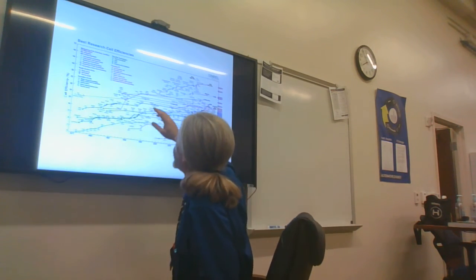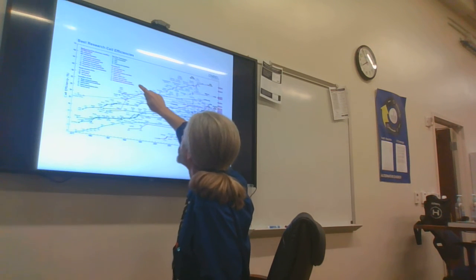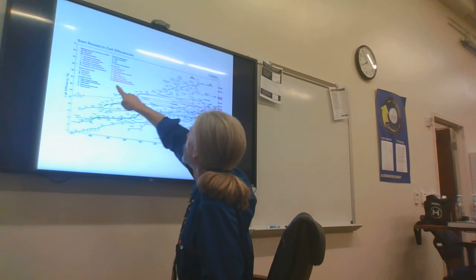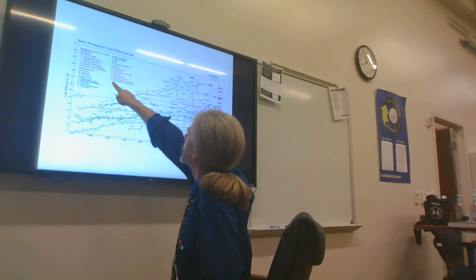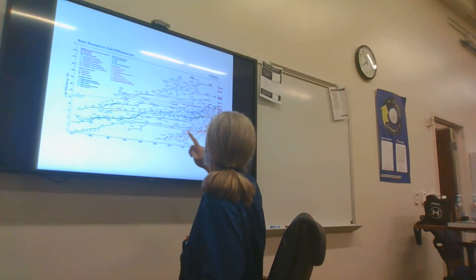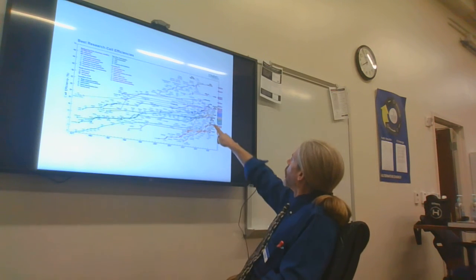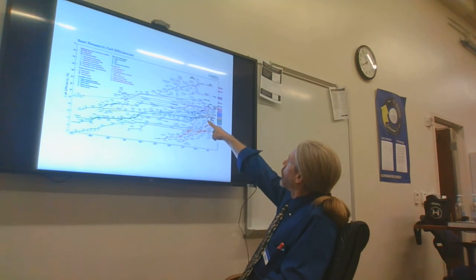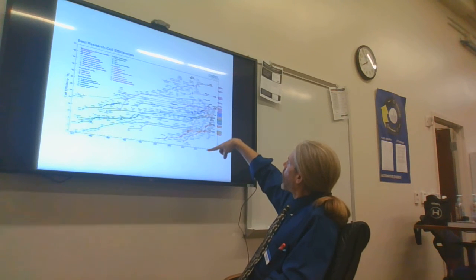Let's see if we can find the perovskite. They're considered an organic. Right here. So we've got this empty square. They began right here, and they have moved in 2016, 17, 18.